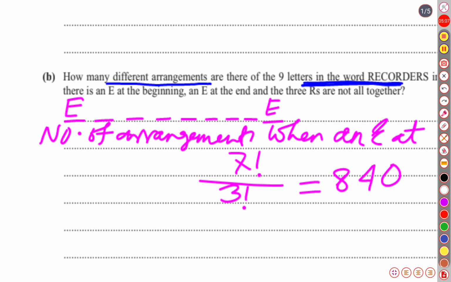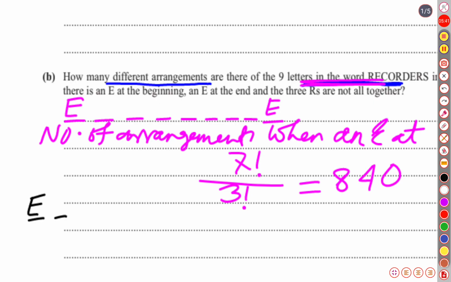So this is the number of arrangements when an E is at each of the ends and no other restrictions. And initially we decided that when R's are not all together, we will think in reversal, when R's are together. So let's see the number of arrangements when E's are at each end and R's are together. Let it be arranged over here.